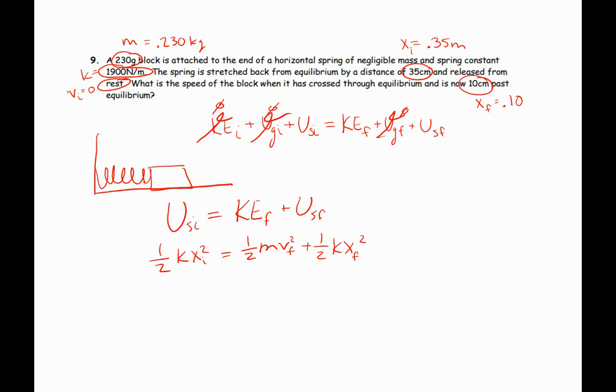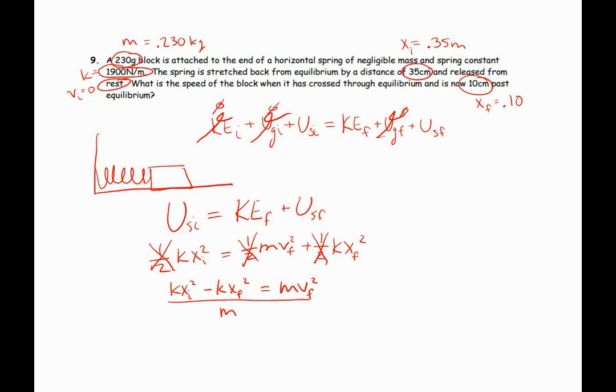Okay, so in this case, my halves can cancel, which is nice. I think it's always nice to make sure that things that can cancel, you do cancel. Okay, so I get kx initial squared minus kx final squared is equal to mv final squared. So I'm going to divide both sides by m and then take the square root of that.